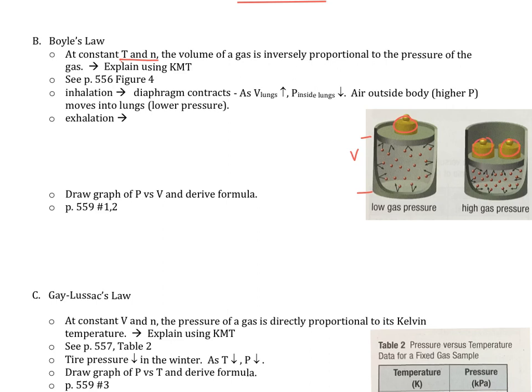Now if we have two weights, we've increased the pressure here. That's why it says high gas pressure. And now you can see what's happened to the volume. So we can see that we're now occupying a lower volume. So if increasing the pressure leads to lower volume, then do pressure and volume vary directly or inversely? Well, hopefully you're thinking inversely. That's right.